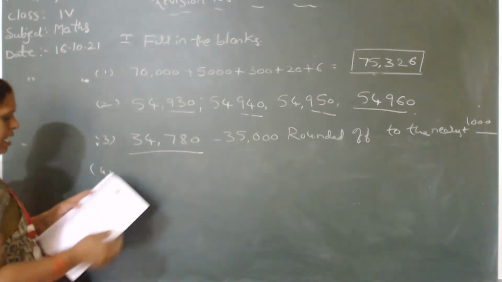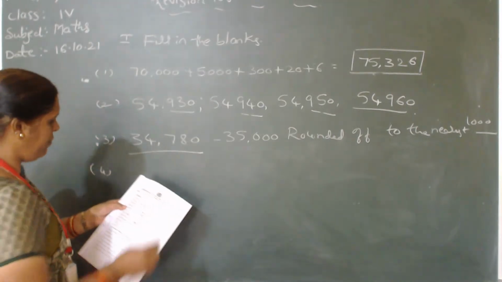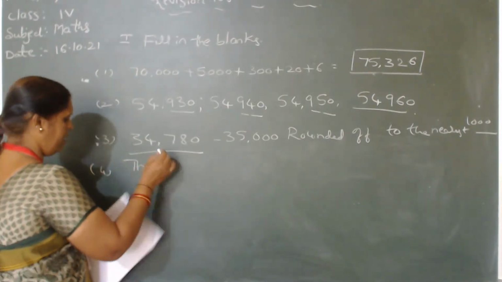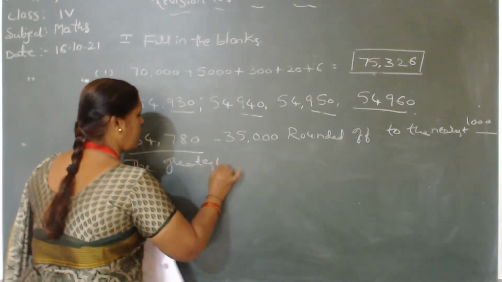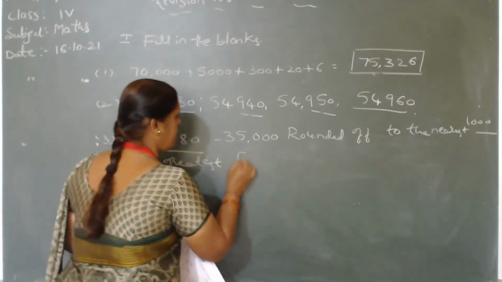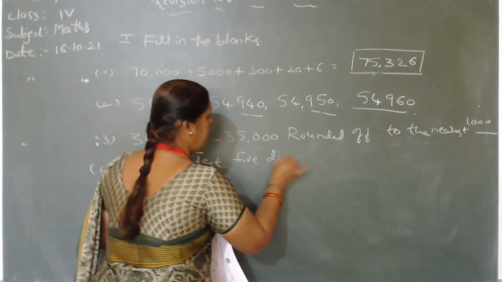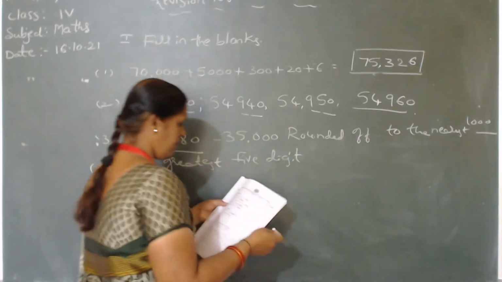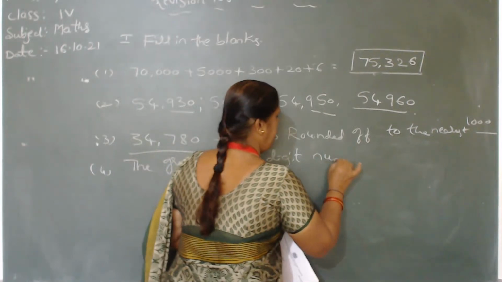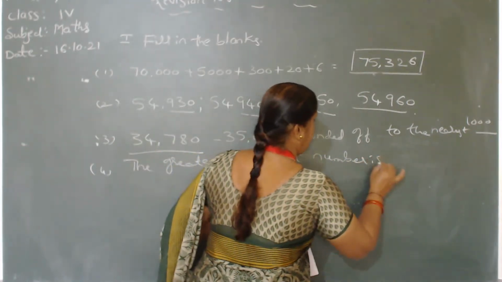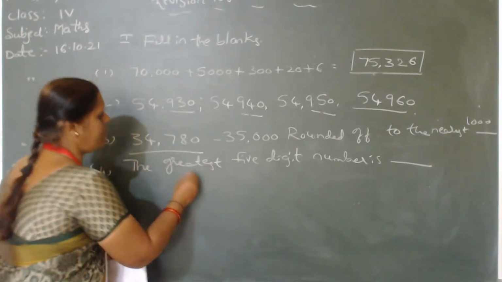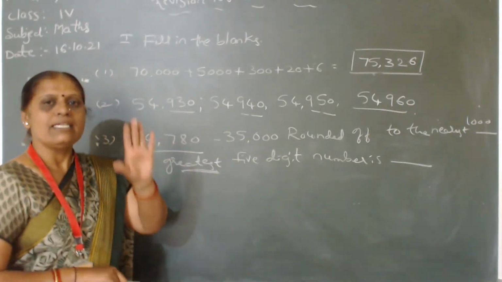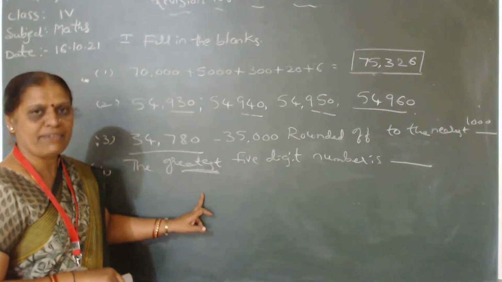Next is about the greatest 5-digit number. The greatest 5-digit number is dash. How many numbers are they asking, and is it greatest or smallest? You have to check first.